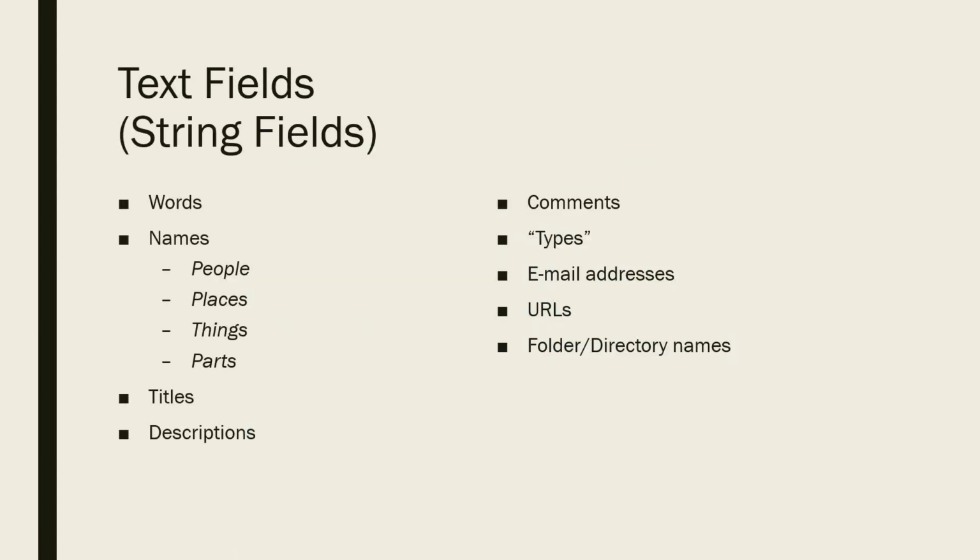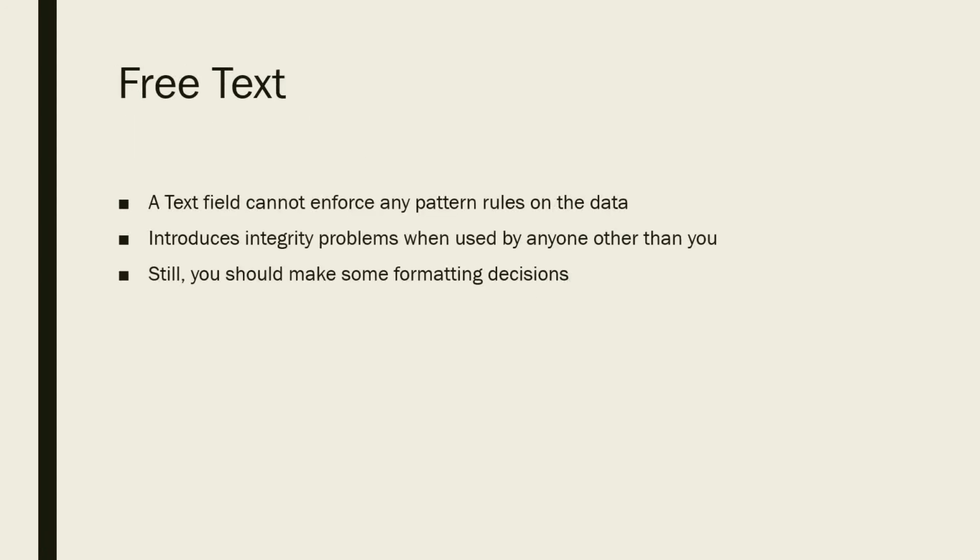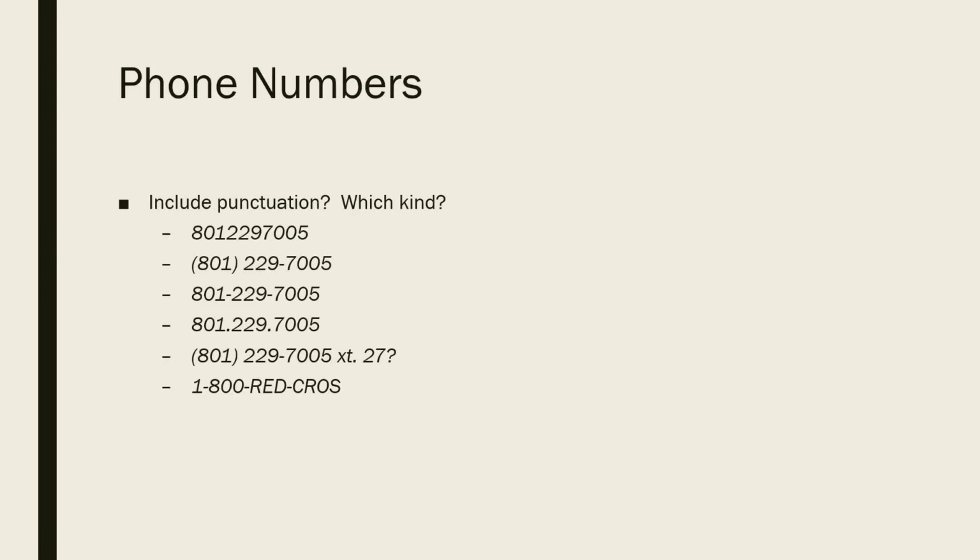So text fields are going to contain these kinds of contents. You have to note though that a database field in a GIS is free text, meaning you can't really enforce a pattern on it, at least not with any out-of-the-box products that I know of. You may have a field that represents a phone number, but how are you going to format the phone number?